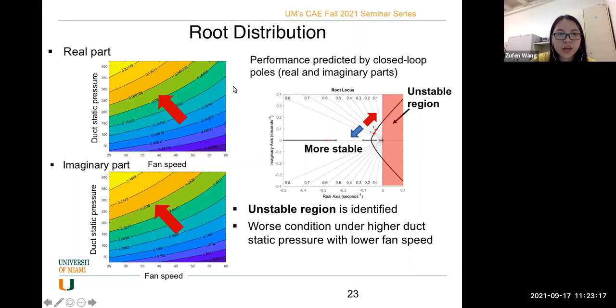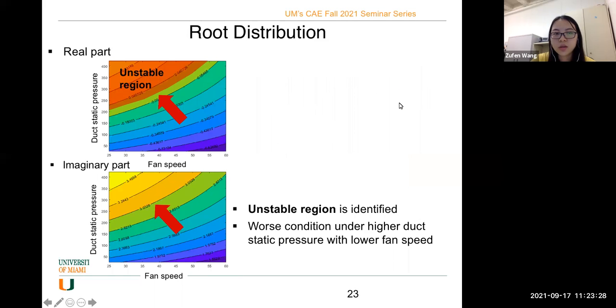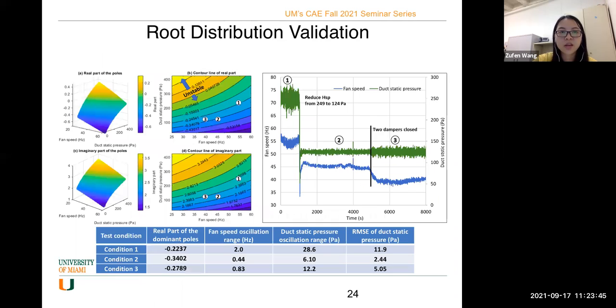Finally, for this yellow and orange region with positive real parts, the system becomes unstable. This is the unstable region. So using this root distribution, the unstable region can be identified. Also, the worst condition is under higher duct static pressure with lower fan speed. This is the full picture of the root distribution.